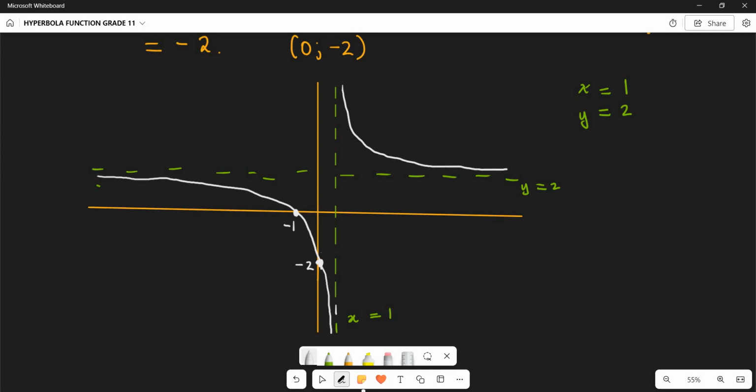That's our graph then. But if you want to be convinced that it will look like this, you can use a table of values where you substitute values that are more than 1. Then you get to see your shape. Also consider decimal values.